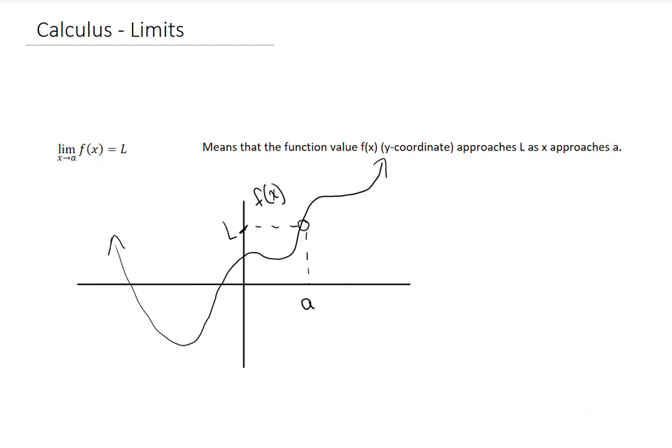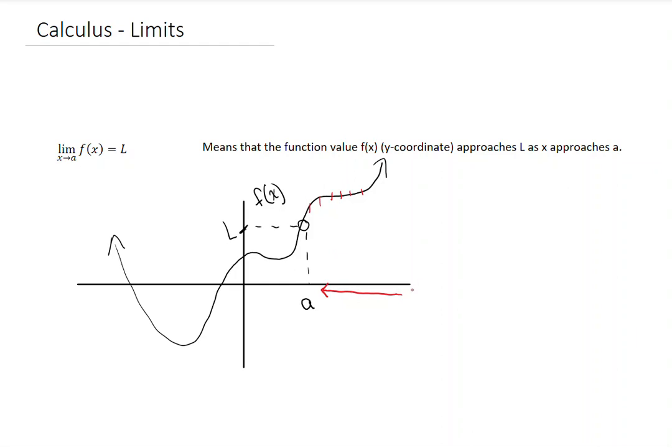approaches the number. So visually, we're looking at, as the x values of our graph approach that number, what happens to the y values. So as this x value gets closer to here, the a, what is that y value going to be?